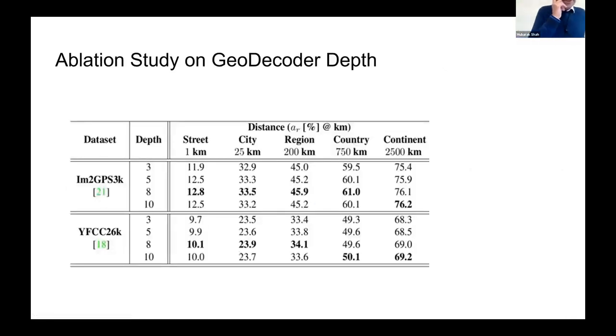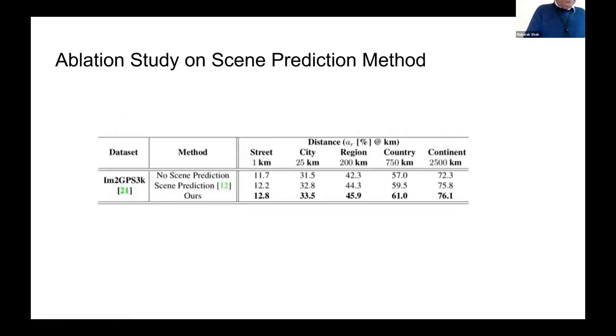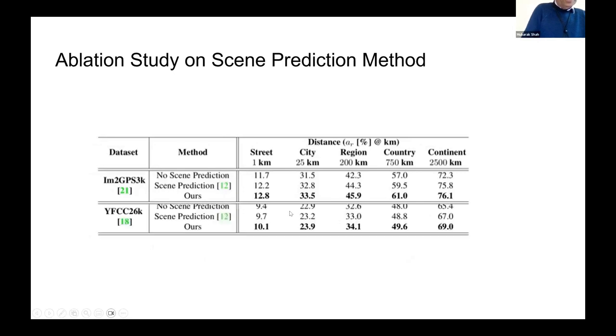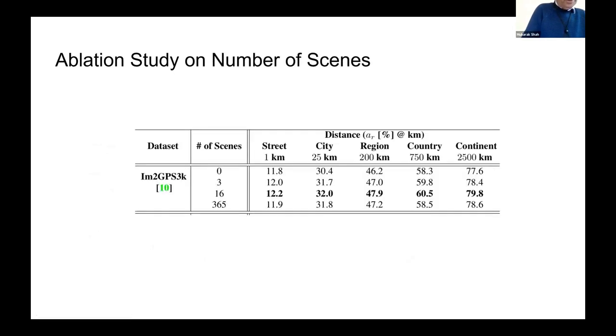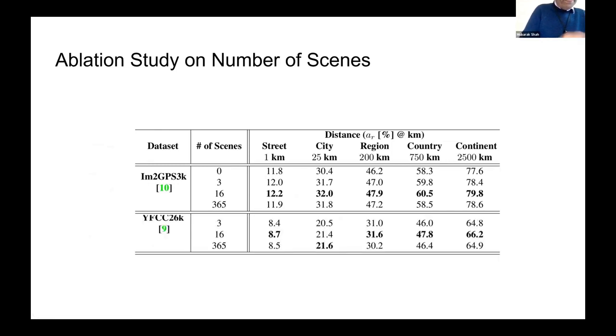Then we also studied how many layers in the decoder we should use, and we found 8 to be reasonable on these different data sets. We also checked whether scenes are helping: with no scenes, and with scene prediction in ours, it helps on both data sets. Also for the number of scenes, we did ablation on no scenes, 3 scenes, or 16 scenes. 16 were helpful.